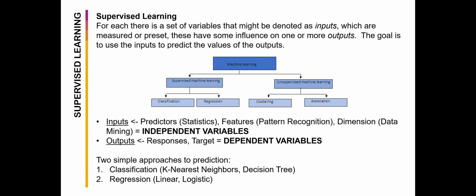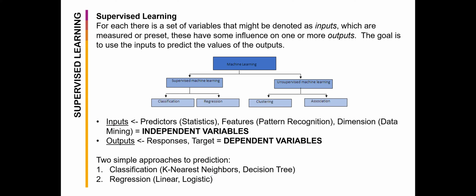All of these naming conventions refer to independent variables and are inputs to supervised learning techniques. The outputs would be a response or a target, which is a dependent variable, and this is actually made known before the start of the modeling activity itself.